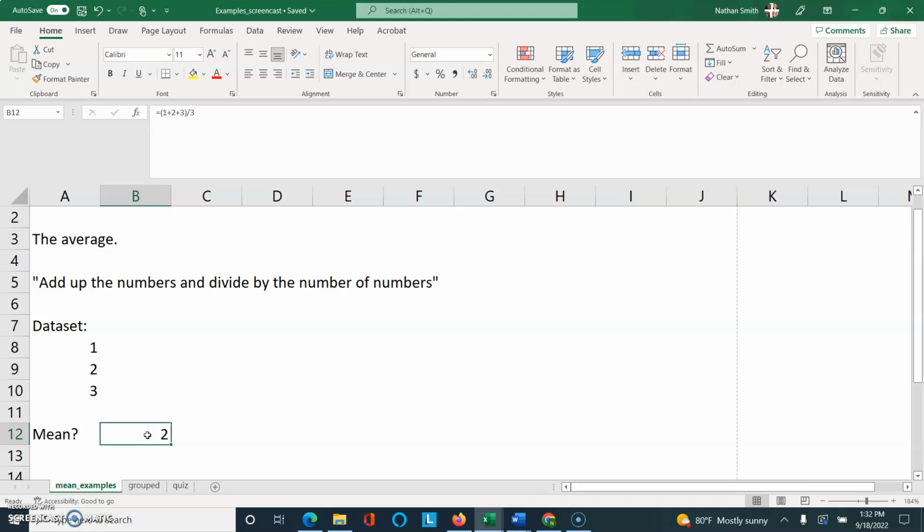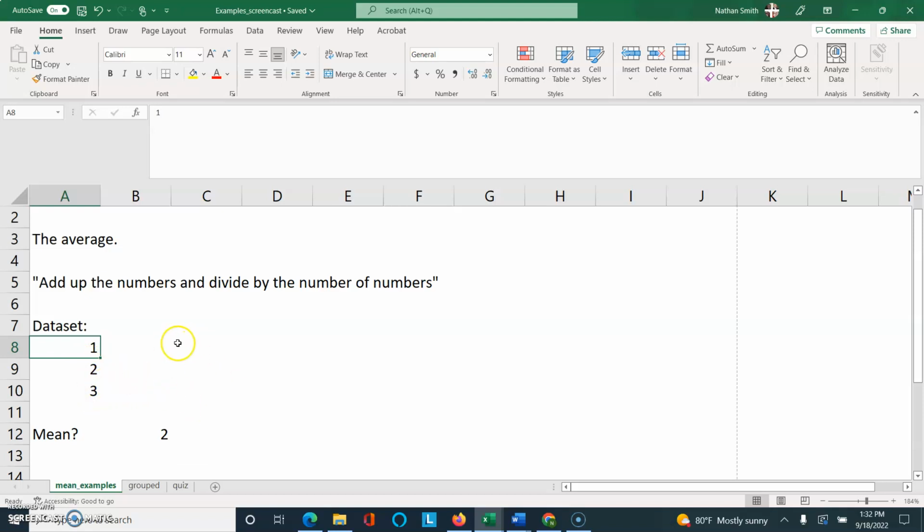Now here's something to understand about why we can say that the mean is representative. If your mean is correct, what you could do is replace every single value in that data set by the mean, and if you sum it up, you'll get the same total. For example, the sum of this data set is 1 plus 2 plus 3 equals 6.